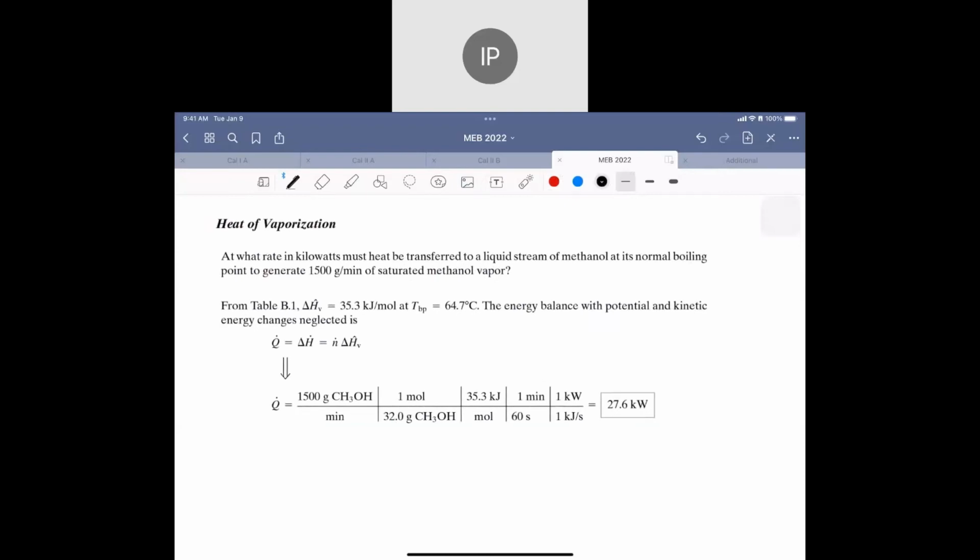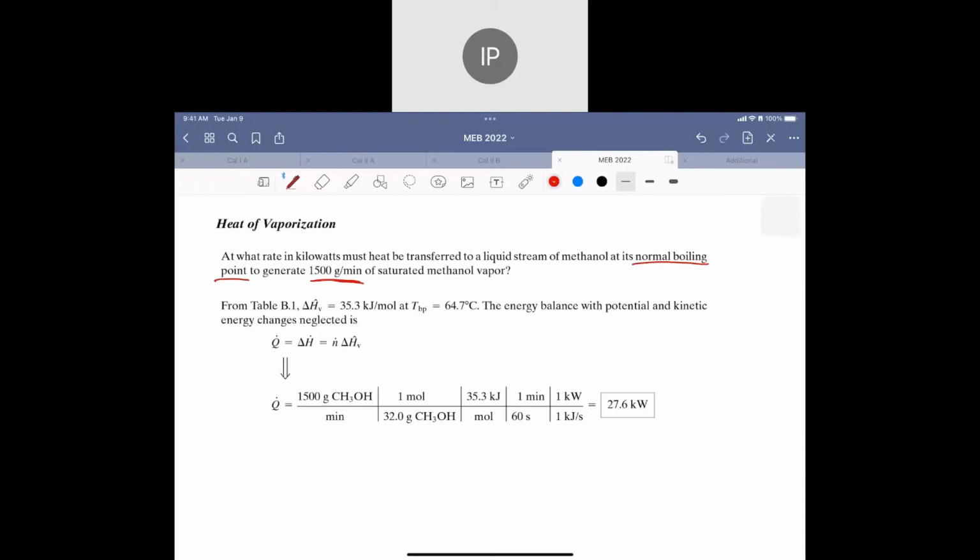Okay, now we deal with these questions. It's having methanol. So it's asking what rate in kilowatts must be transferred to a liquid stream of methanol at its normal boiling point. So it's giving you certain information for the heat transfer calculation, and they need to generate this 1,500 gram per minute.